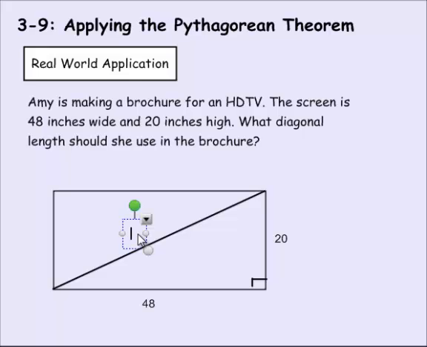We need to find C squared, right? So we have 20 squared plus 48 squared equals C squared. Let's write that over here.